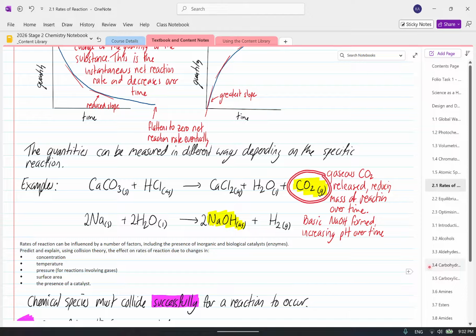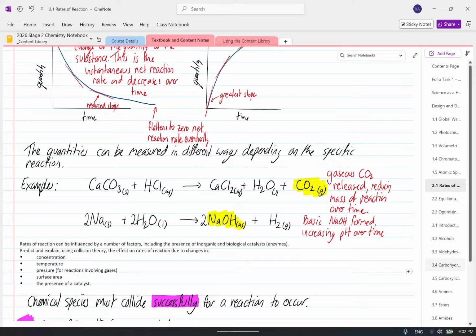Now, if our reaction container is open at the top, that gas will bubble away and our reaction mixture will become lighter. So as our reaction mixture becomes lighter, we know that the reaction has moved forward and has made our gaseous substance. Now, in this particular case, the backward reaction is not really relevant because that carbon dioxide gas has left the reaction container, so it's not available to make the backward reaction occur.